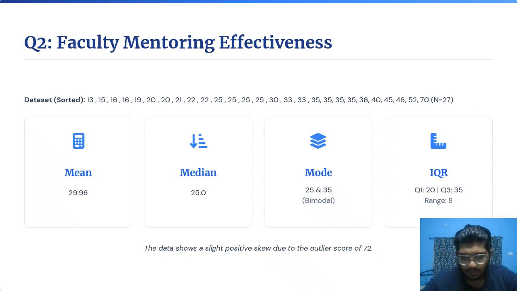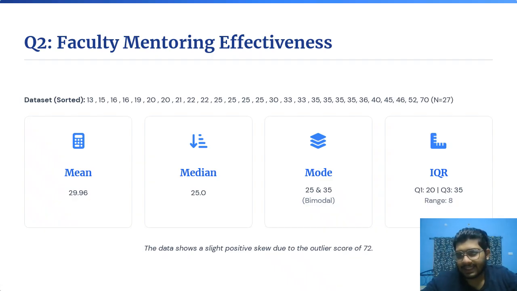Now here I have written the answers to the question. Actually we will see in the next slide how we got these. The mean is 29.96, the median is 25, the mode is 25 and 35. It is bimodal. It is asked in the question to comment on its modality. The IQR is the quartile range.